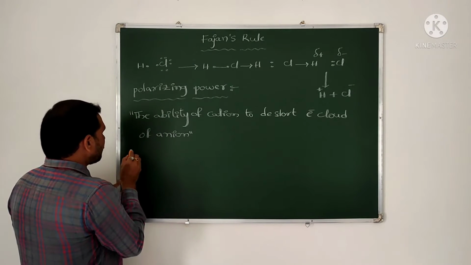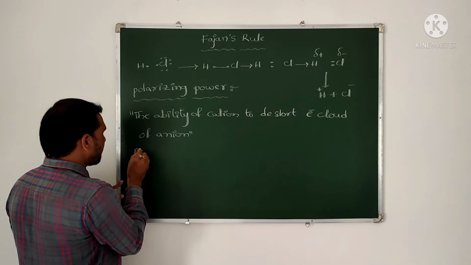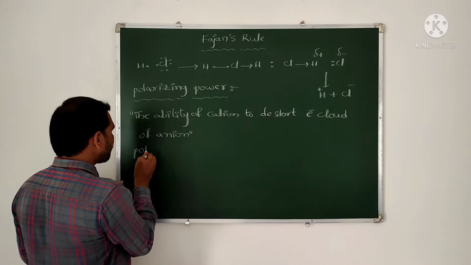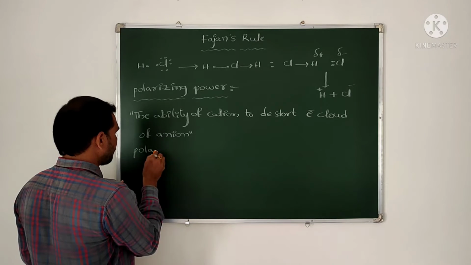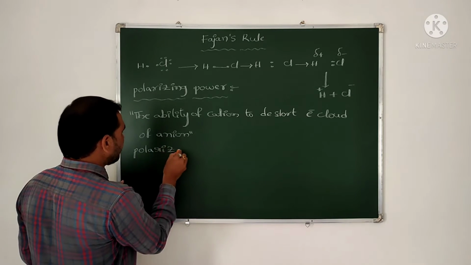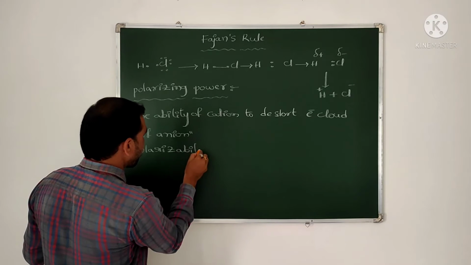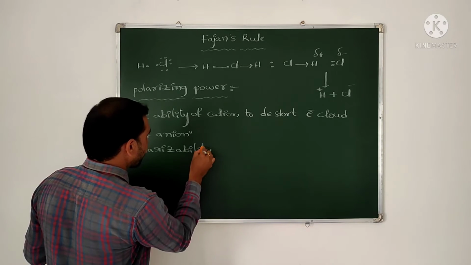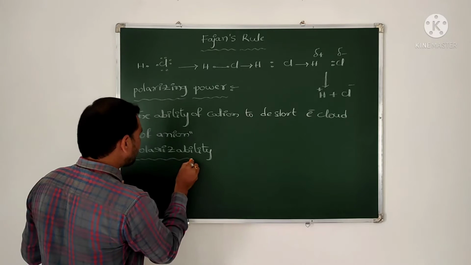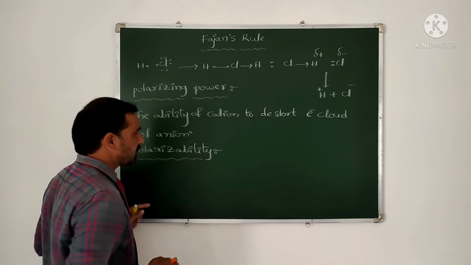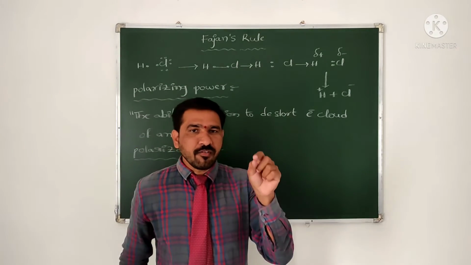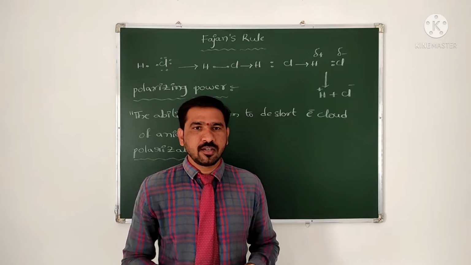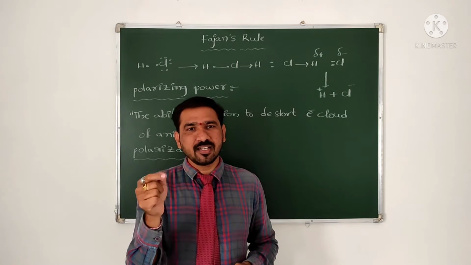Then next, polarizability. So polarizability means what here? The ability of anion which is distorted by cation.